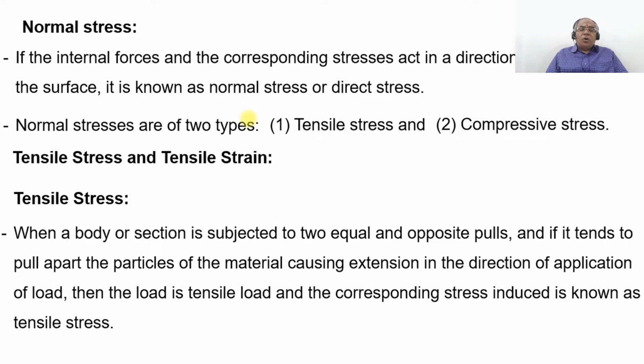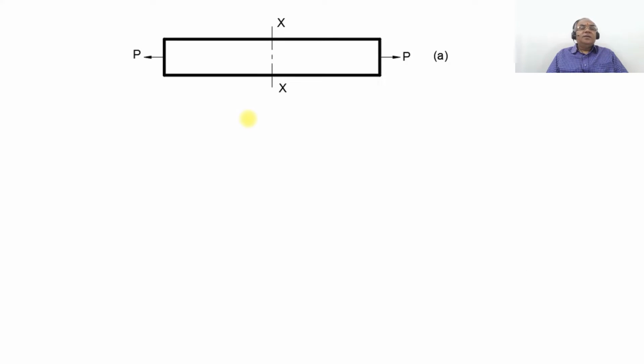So on a body or a section, two equal and opposite pulls are applied on either side, and the internal particles are pulled apart, causing extension of the member in the direction of the applied load. Such a load is tensile, and the corresponding stress is the tensile stress.